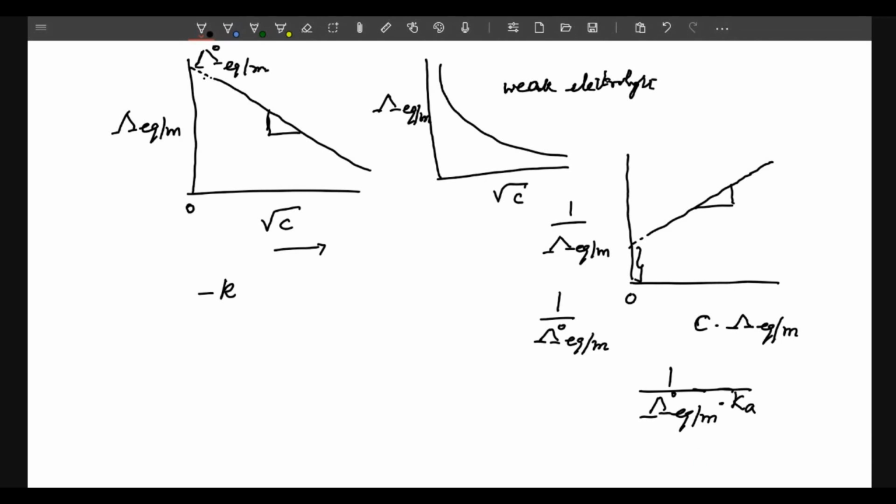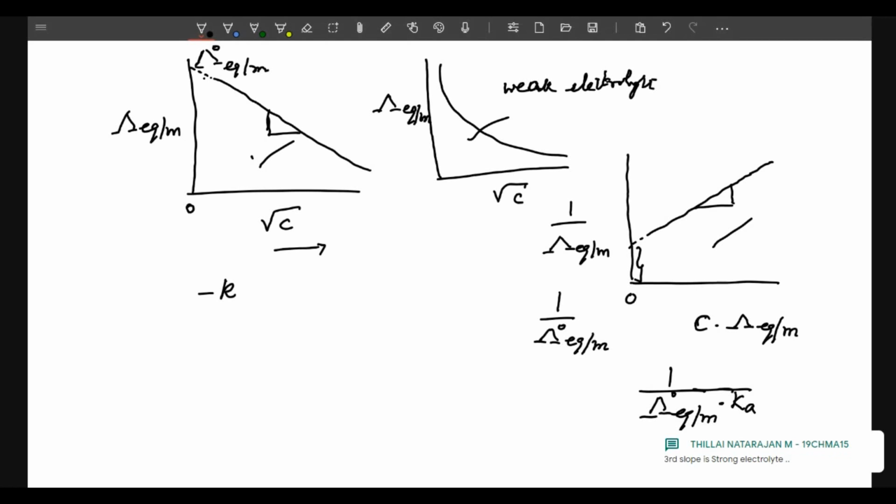Sometimes a question may be asked: when you plot this and this, which is the correct graphical representation of a weak electrolyte, this one, this one, or this one? You should be able to give the correct one. By this method, you can determine lambda naught experimentally.